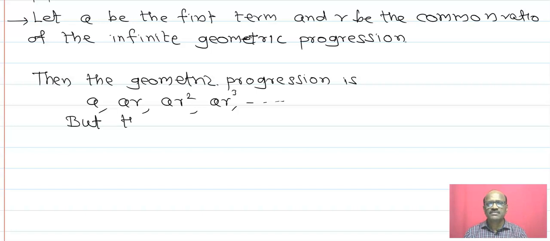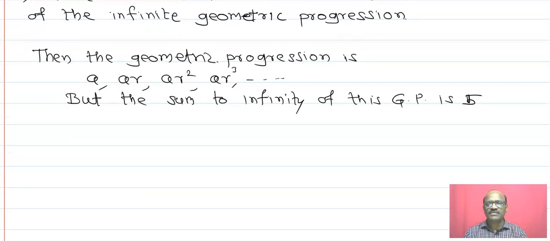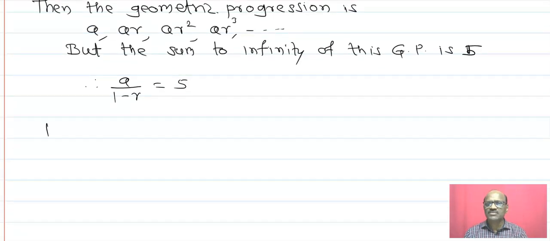But we have given the condition that the sum to infinity of this GP is 5. Therefore, a upon 1 minus r is equal to 5.